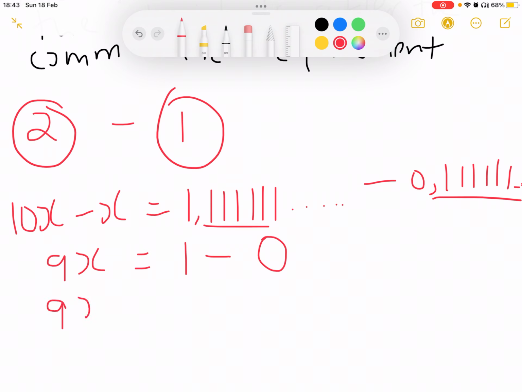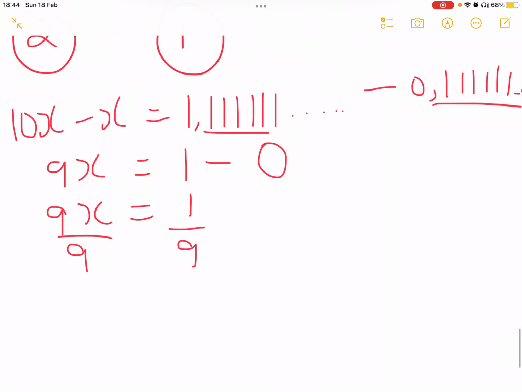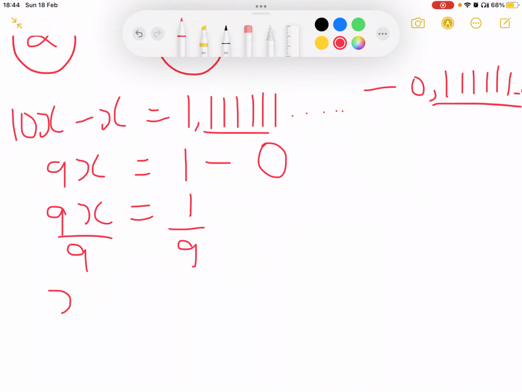Now you're left with 9x equals 1. Divide by 9 on both sides, and you have x equal to 1 over 9. So 1 over 9 is your 0.1111.